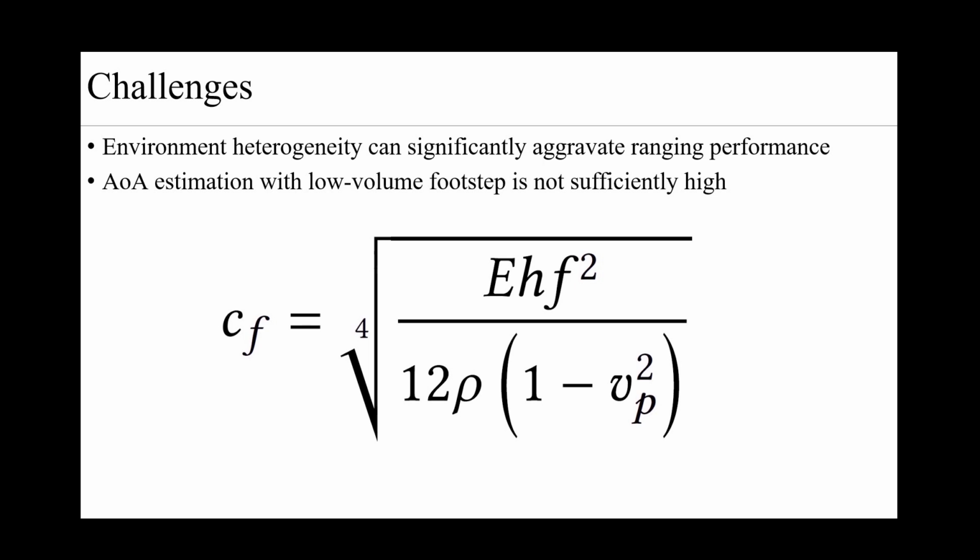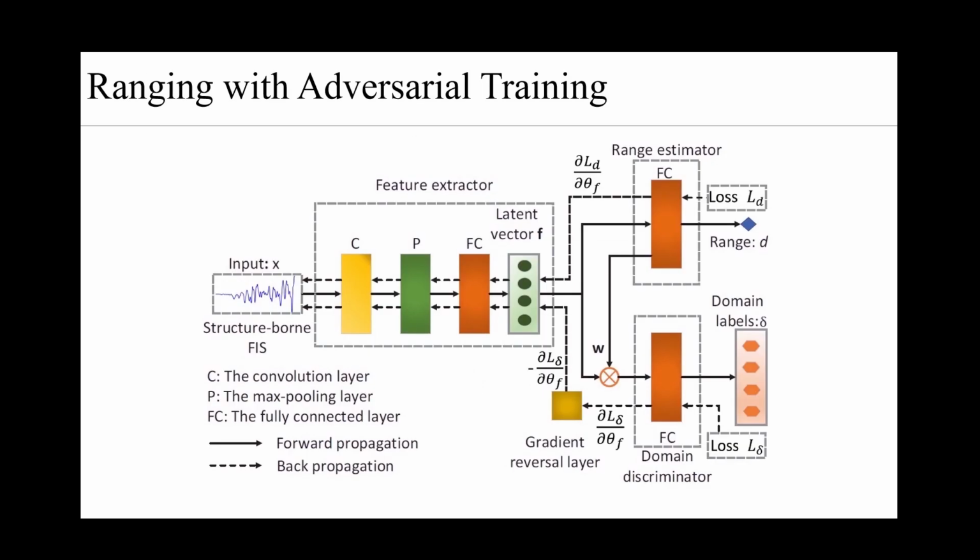To solve the environment heterogeneity problem, we develop a neural network with adversarial training. It mainly consists of three parts: a feature extractor, a range estimator, and a domain discriminator. The feature extractor transforms an input footstep waveform into a lower dimensional feature vector. Using this low dimensional feature vector, the range estimator aims to infer an accurate distance, while the domain discriminator tries to identify different domains.